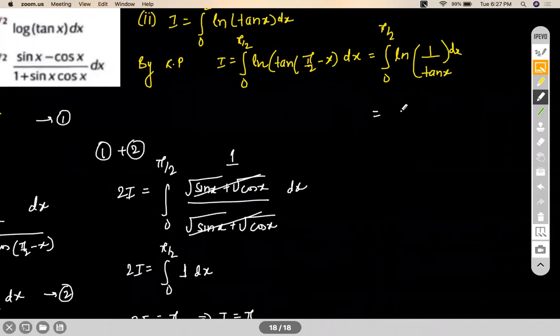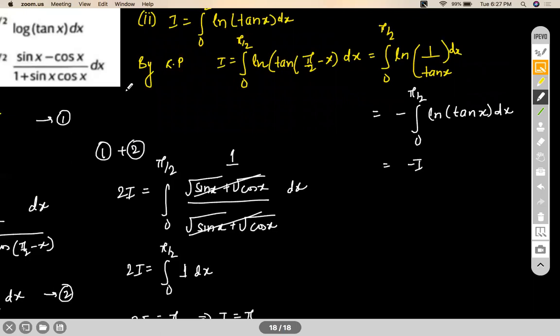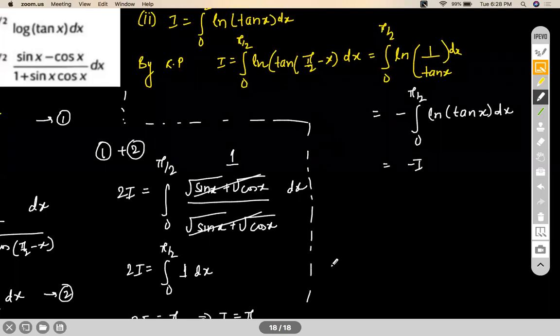So this will give you negative of this. So what you realize here is that your I becomes negative I. So your I has become negative I, meaning 2I is equal to 0. That means I equal to 0. Absolutely correct. For the second one, the answer is 0.